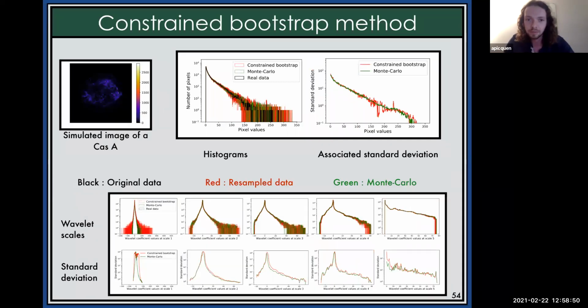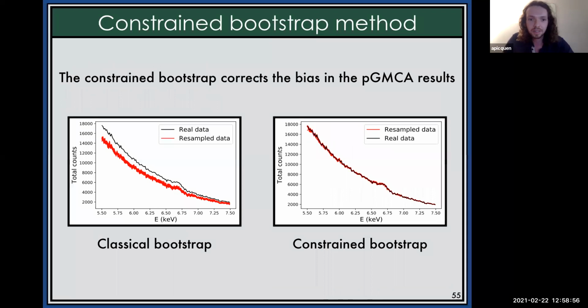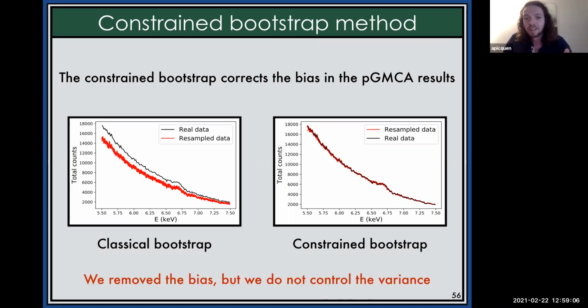And actually it works quite well, and we can see that there are no more biases in the results. The classical bootstrap gave huge biases when we used the PGMCA on it, and my constrained bootstrap doesn't give any bias. But the problem is that we removed the bias, but we could not control the variance, and the variance proved to be not physically significant.